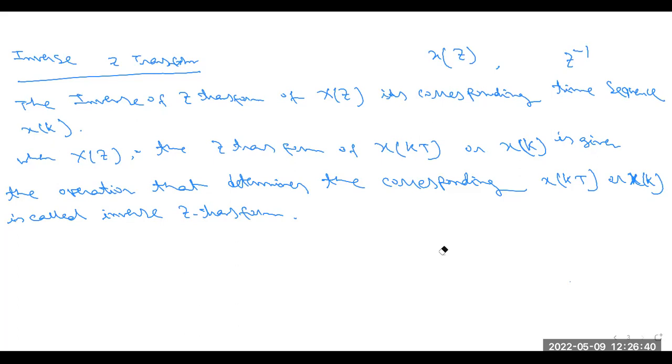You know that k takes the values 0, 1, 2 and so on. As k changes, the value also changes, that is x of 1T, x of 2T, 3T, 4T and so on. And these are the same as x of k, where k is 0, 1, 2, 3. This is called the inverse Z transform method.